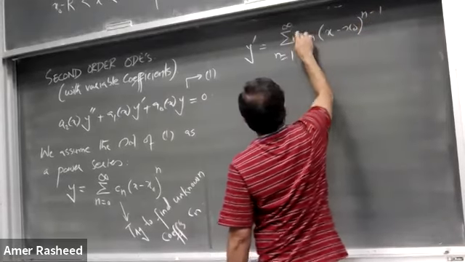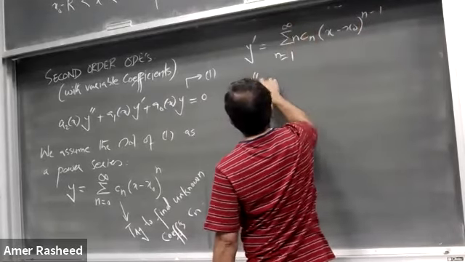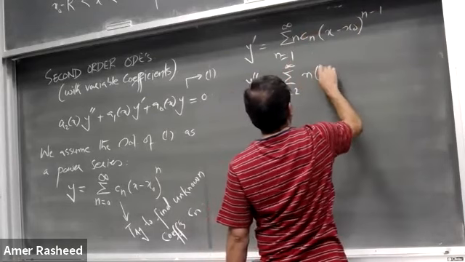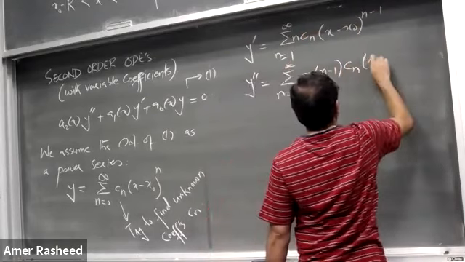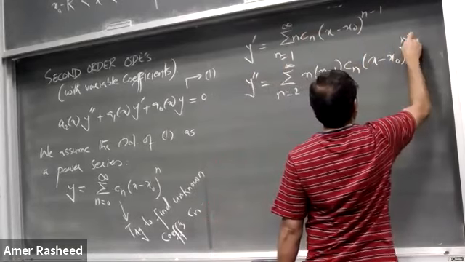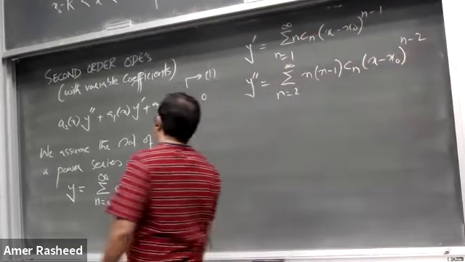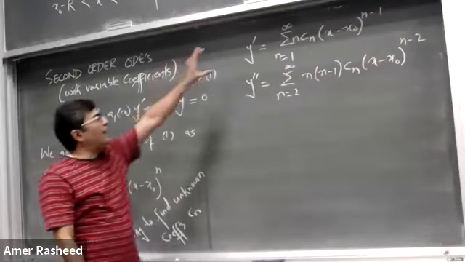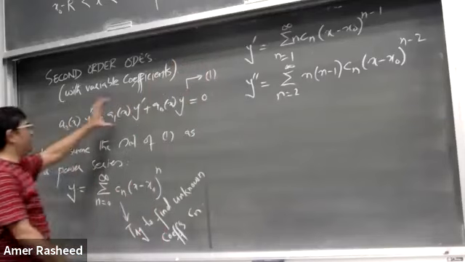And y double dash is n from 2 to infinity n into n minus 1 c_n (x minus x naught) whole raised to the power n minus 2. Now we are going to put the values of y dash and y double dash into this differential equation.